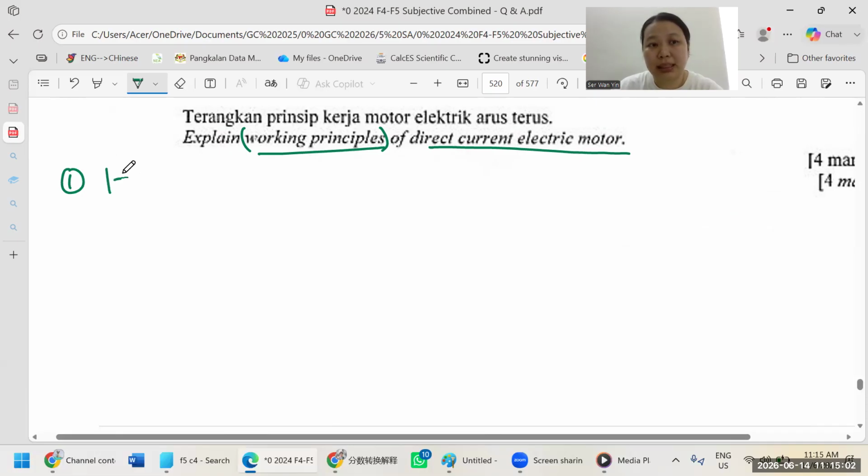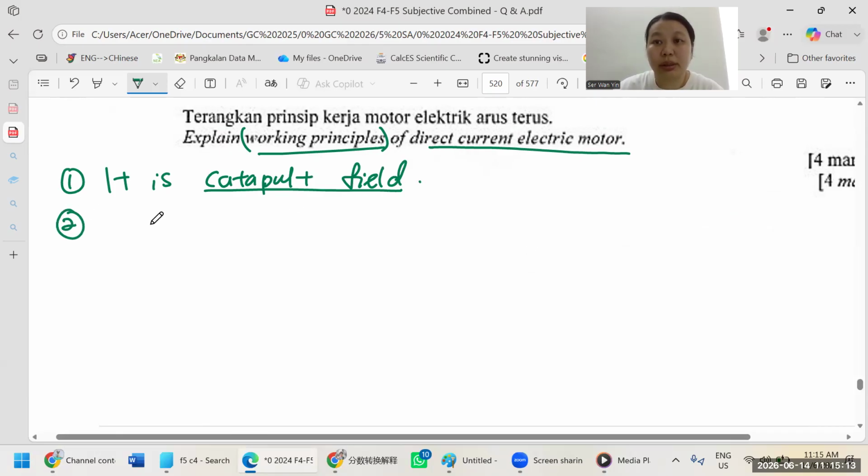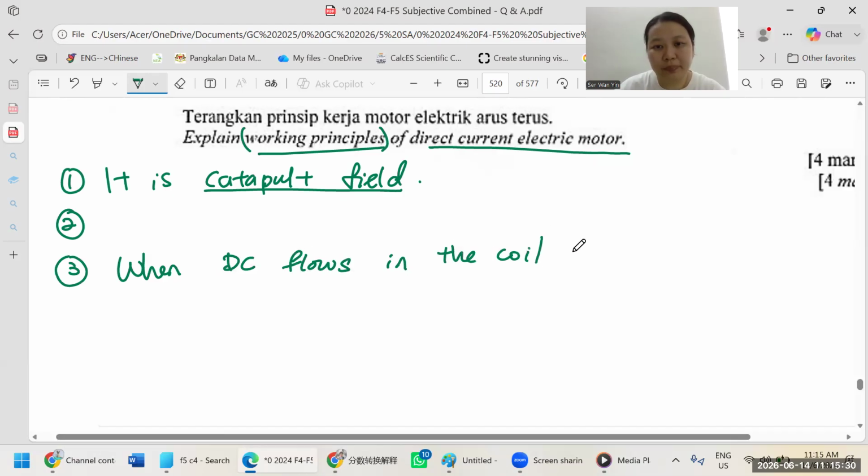Number two, you explain what it is as a verb. Then number four, you tell when DC flows in the coil. You may ask, teacher, can I write DC, direct current? Yes, DC is the international symbol, you can write it.